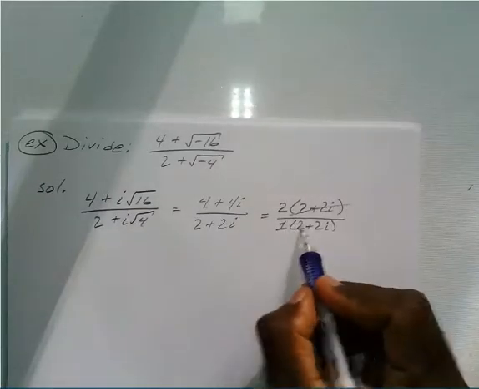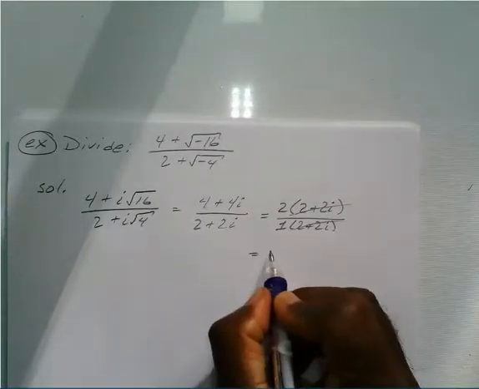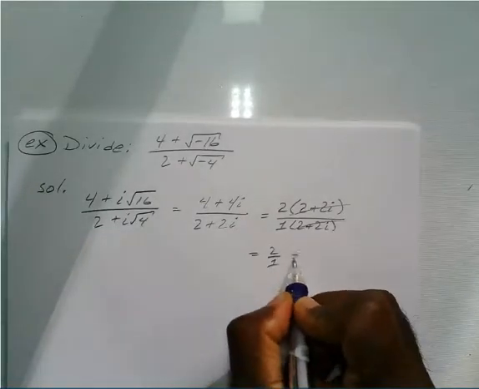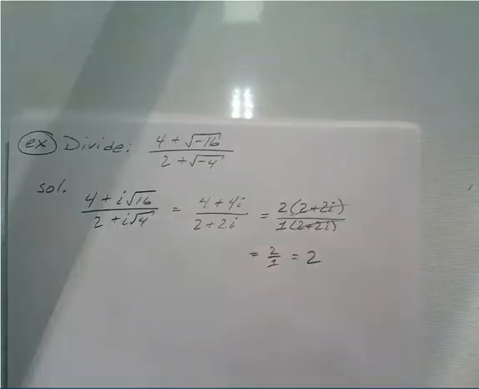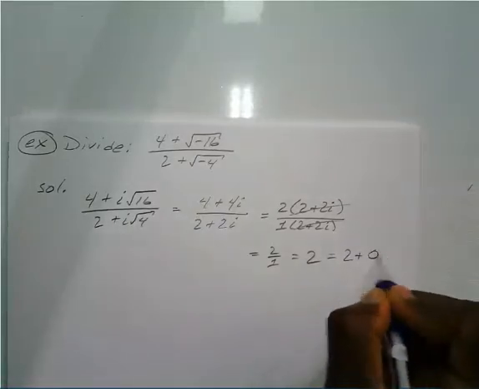These two cancel each other out. So you end up with 2 over 1, or just 2. Now if they wanted it in a plus bi form, it would be 2 plus 0i.